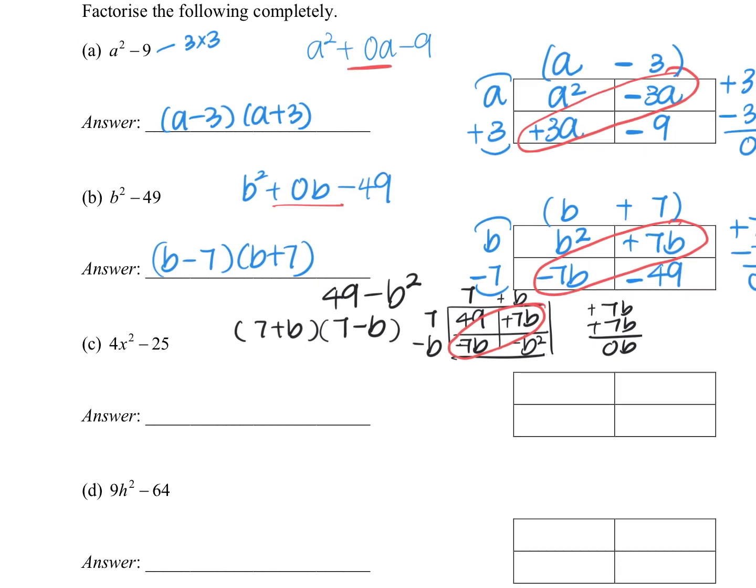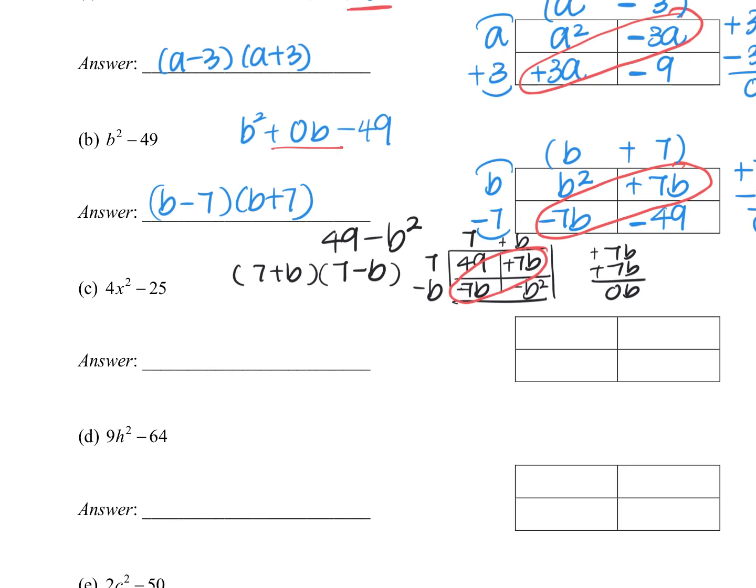Where what happens if now I increase the number to become 4x squared minus 25, right? So in this case, I will still put 4x squared over here and the number 25 over here. But still, you notice there is no x term, right? So it's 0x.